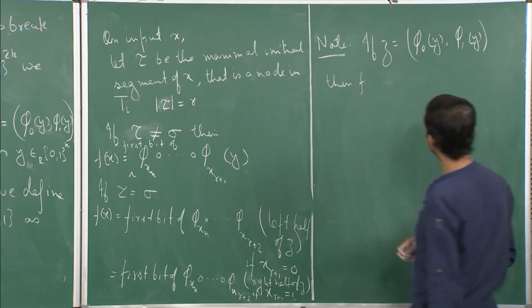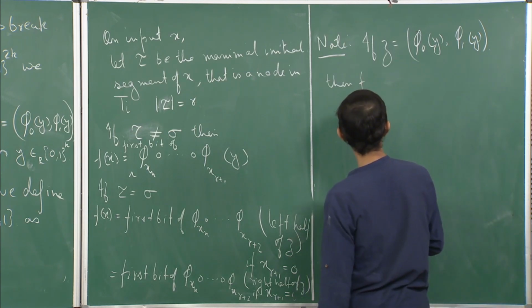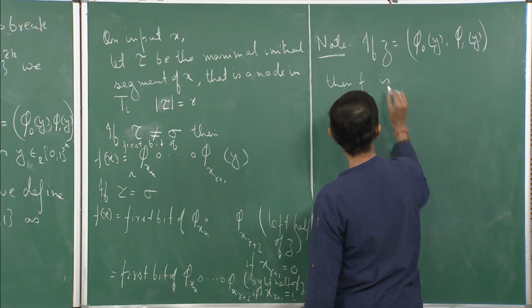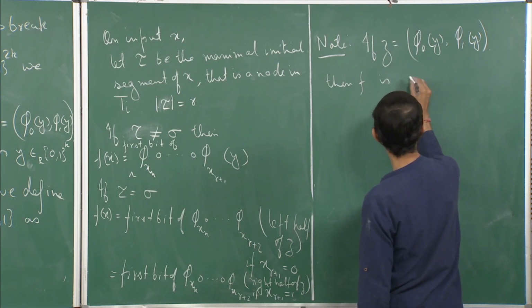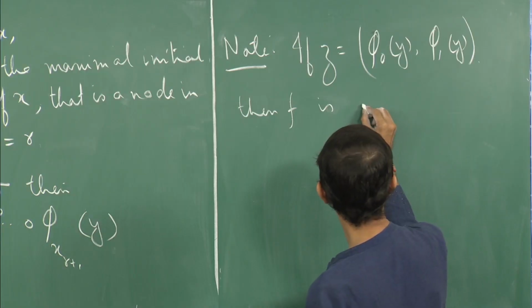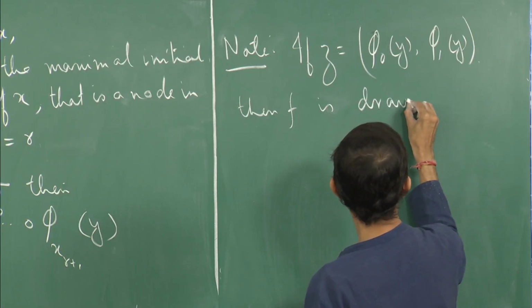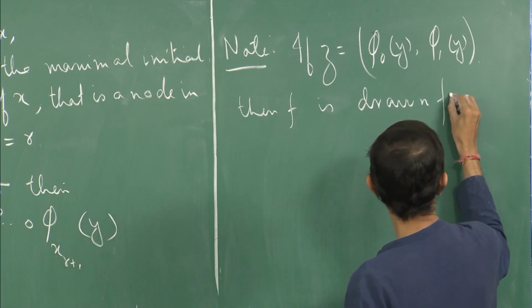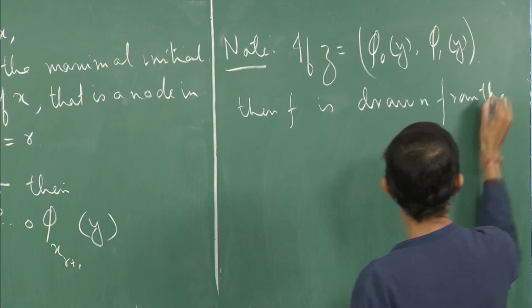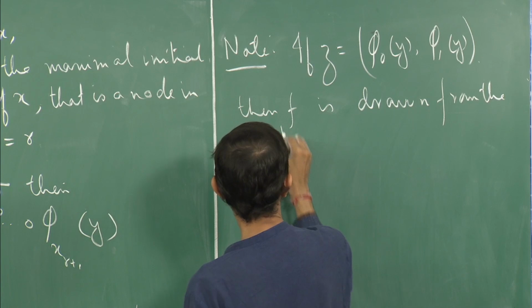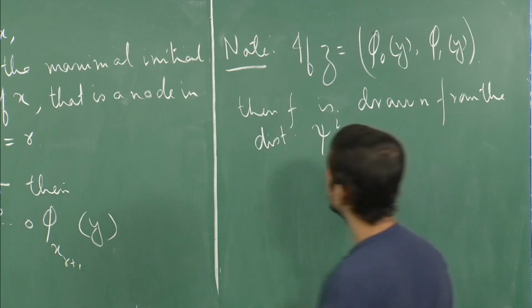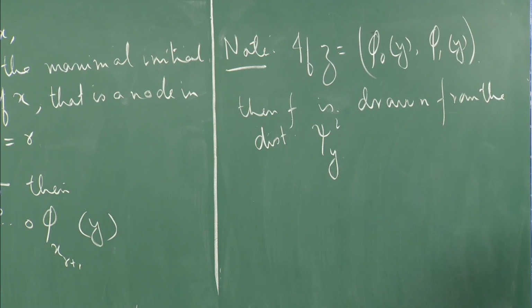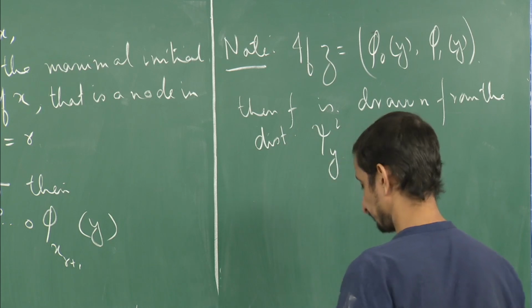So if z is of this form, then f is essentially drawn from the distribution psi i of y.